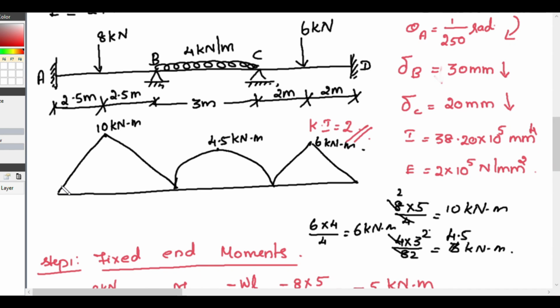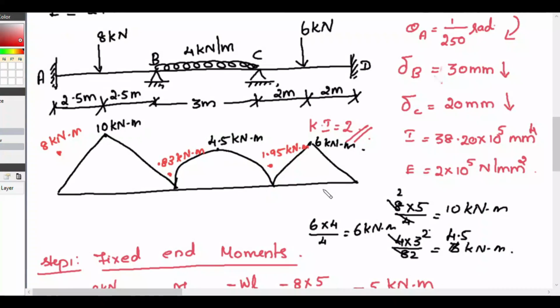Now, our final end moments, we have calculated MAB as minus 8 kilonewton meter. So it comes somewhere here, minus 8. At joint B, it is 0.83 kilonewton meter. At joint C, it is 1.95 kilonewton meter.